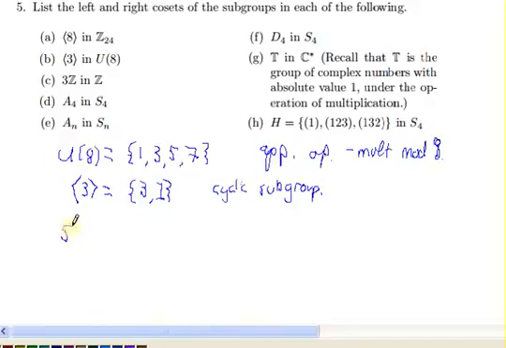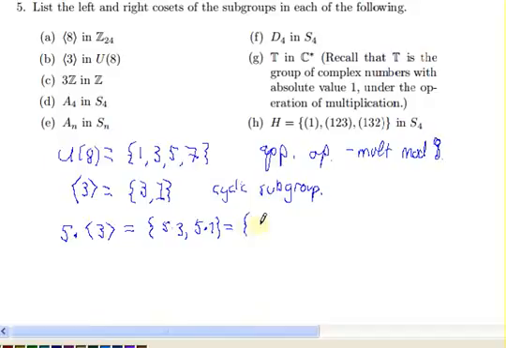If I multiply it by every element in this cyclic subgroup, I'll write that as 5 times angle brackets 3. Again, this is multiplication mod 8. I'll get 5 times 3 and 5 times 1.